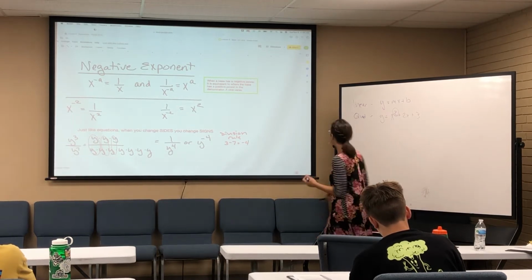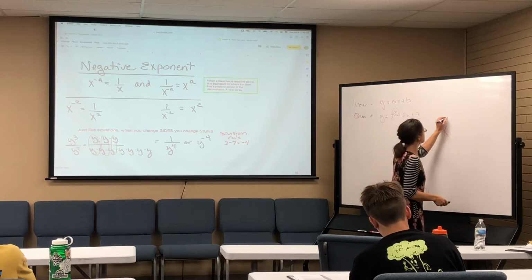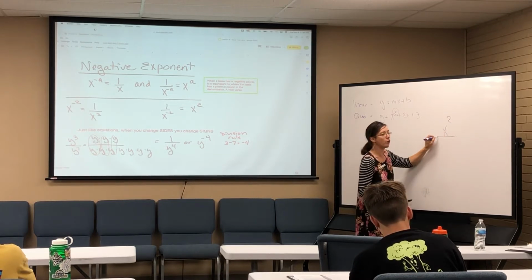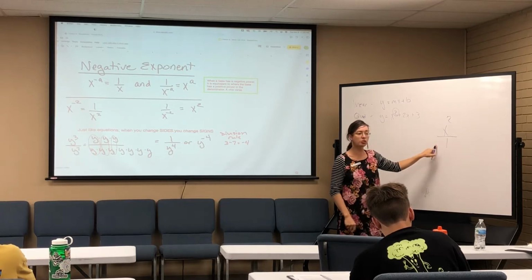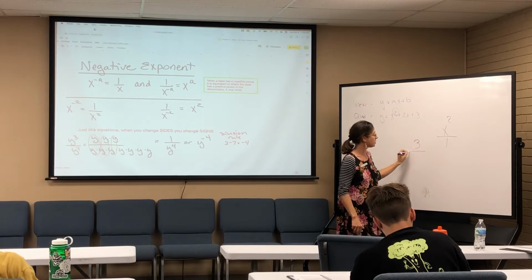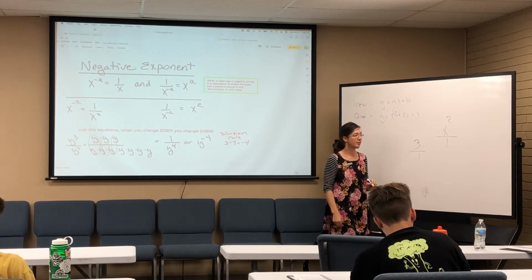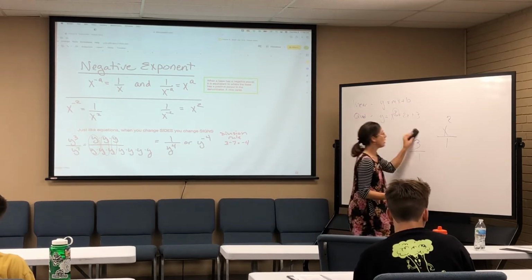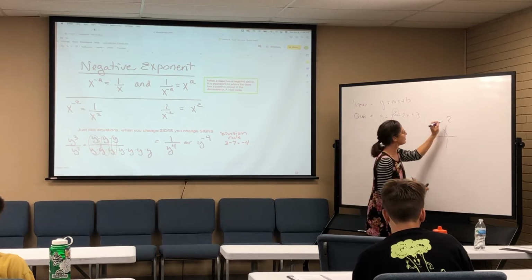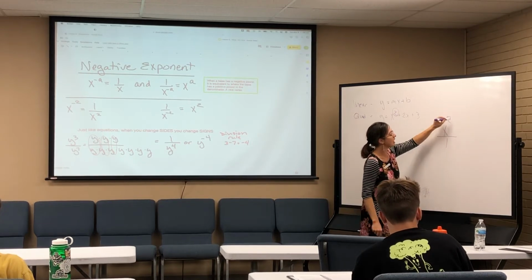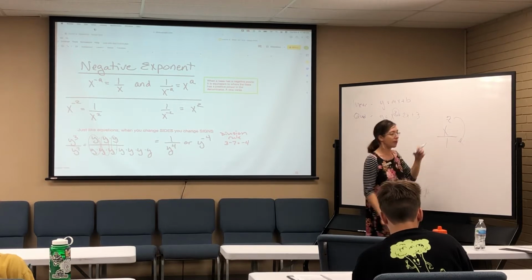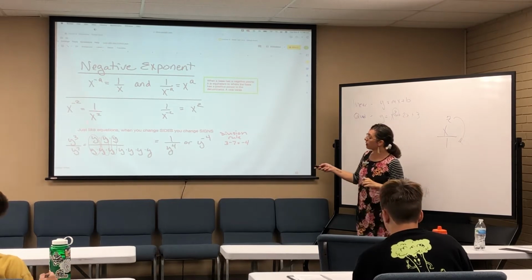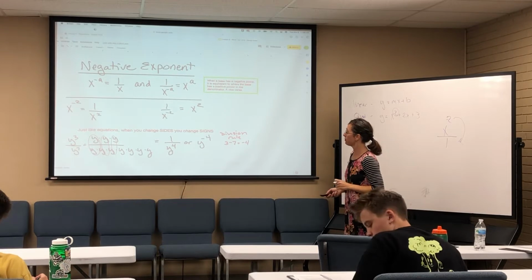So currently, x to the negative 2 really is x to the negative 2 over 1. Remember, every number can actually be written as a fraction. If I have the number 3, I can really write it as 3 over 1. So it's really over 1, and so I've got a negative up here. I want to change the sign, so I have to change sides. I'm going to flip my fraction over. So it's going to be 1 over x squared.